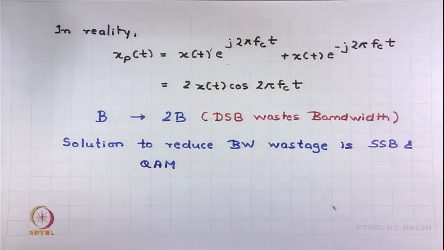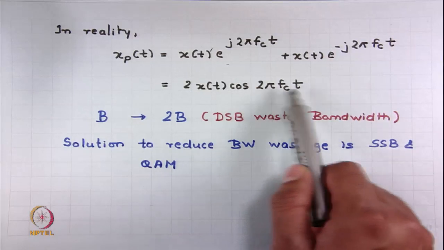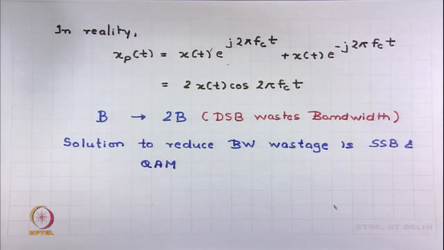What you get is basically x(t) times cos(2πfct), but that does not do anything about the wastage of bandwidth that we have discussed. Double sideband modulation schemes simply convert baseband bandwidth of B to passband bandwidth of 2B, and this is bad from a communication resource point of view.